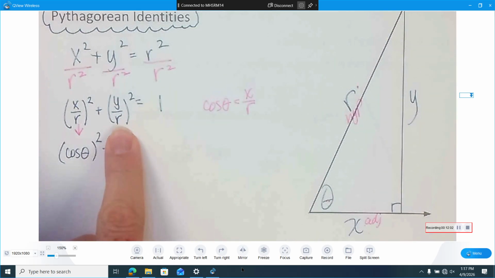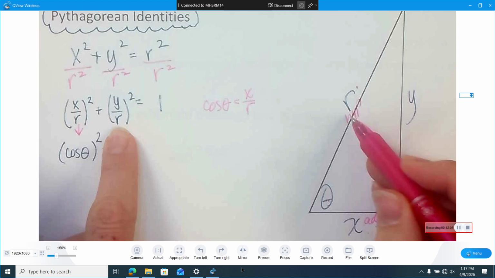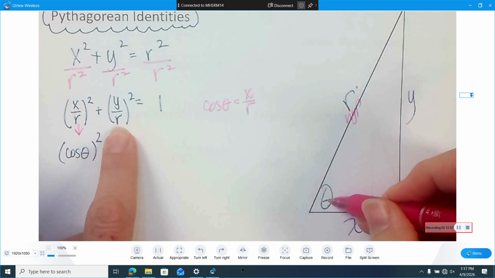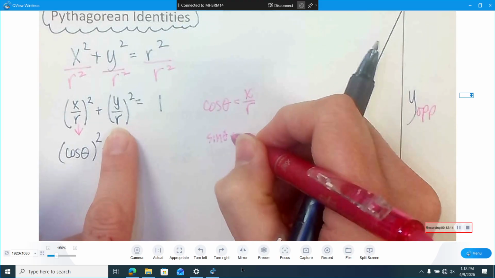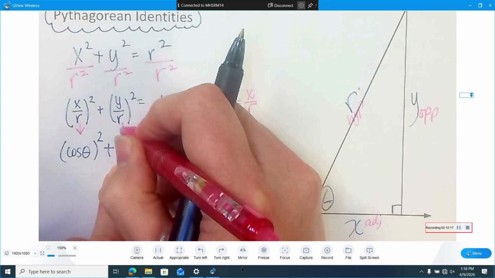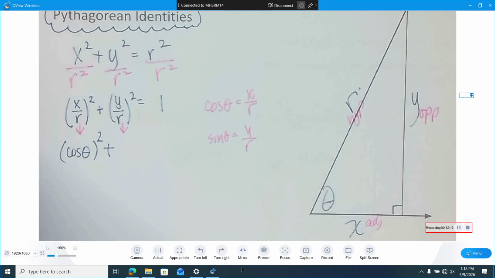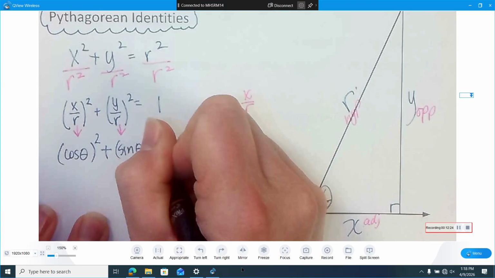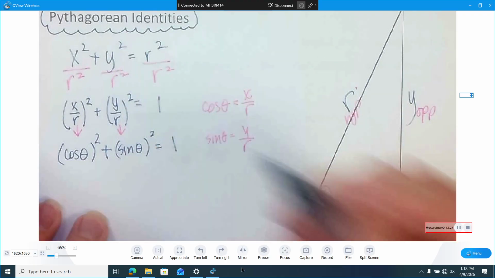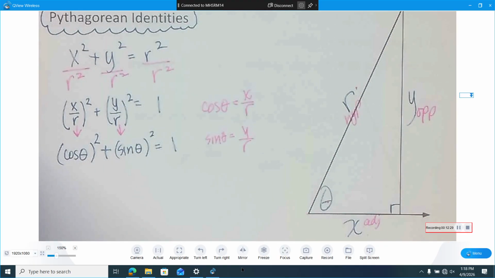Now y over r: how does y relate to our angle? Opposite over hypotenuse, which is sine. So sine of theta is y over r. And so what we've managed to do is create this Pythagorean theorem, and it is now only in terms of theta, which is kind of interesting.